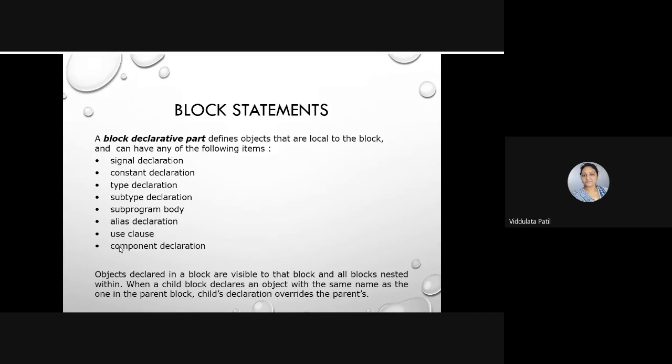When a child block declares an object with the same name as the parent block, this child declaration overrides the parent. That means in a nested block, the inner block, if it has the same name, will override the outer block's declaration.